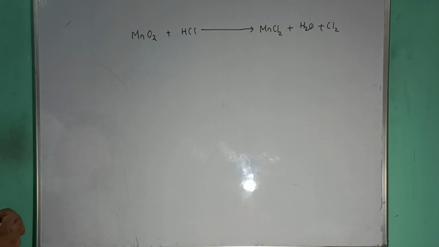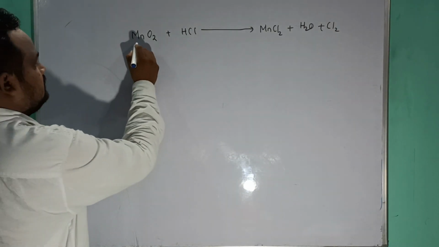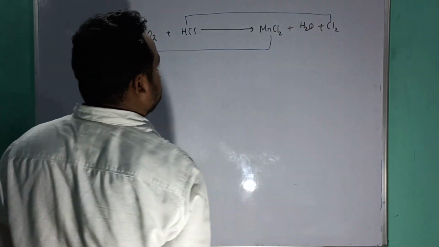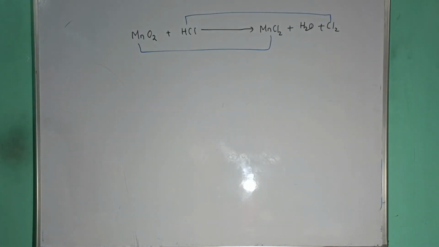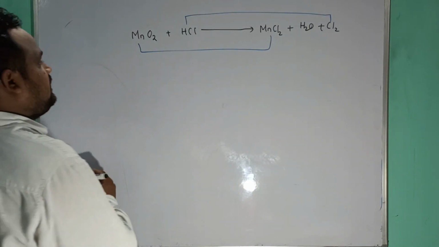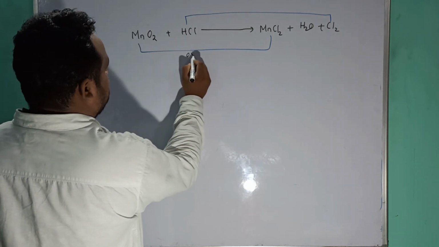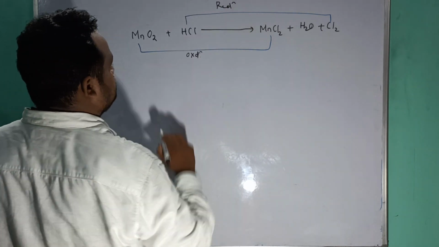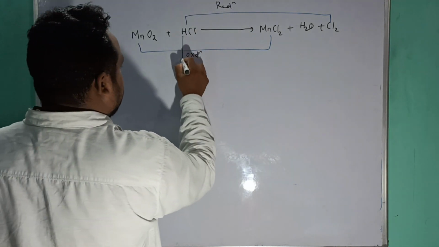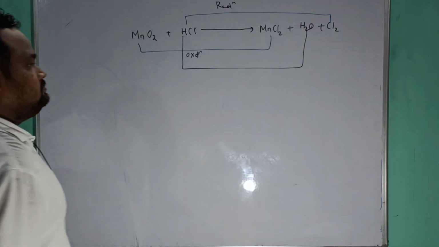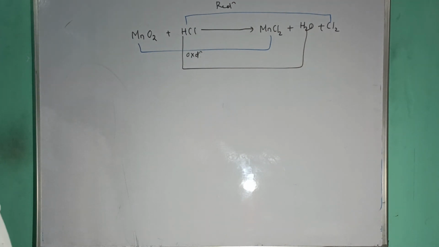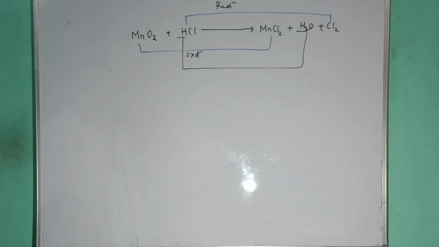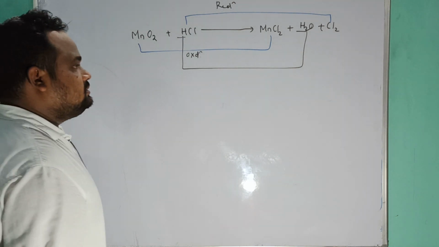So this is also a very easy question. This to this, this to this. So this is your oxidation and this is your reduction. Student may ask, sir, why this to this? Gain of hydrogen, that may also be reduction.